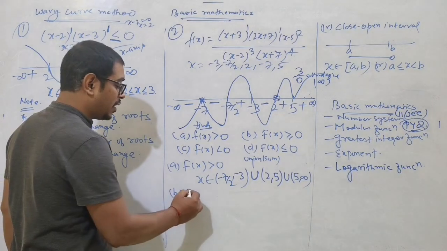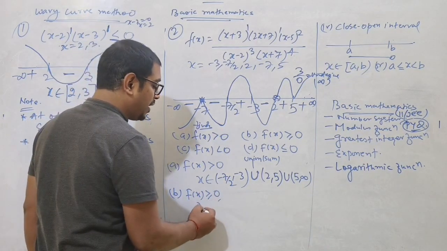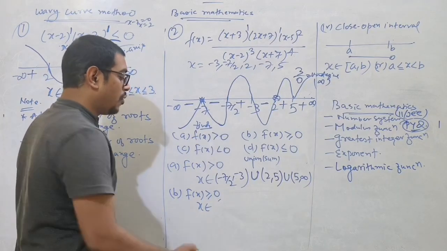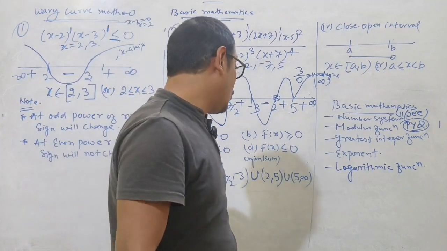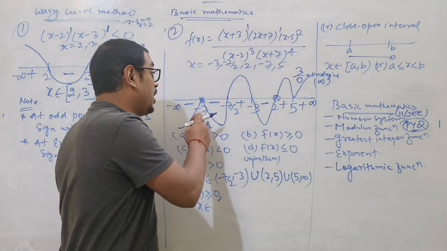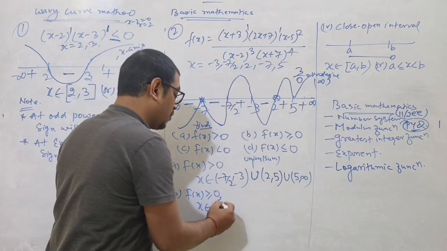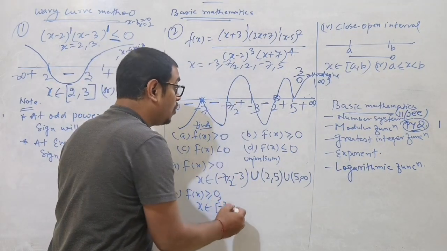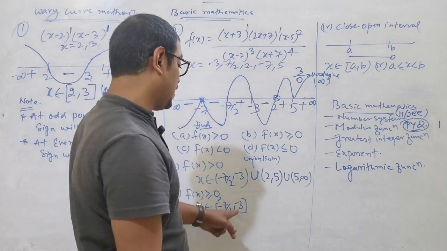What is B? Greater than or equal to 0. So here you have to write the same thing but including. We will include minus 7 by 2 to minus 3. We can include minus 3 also because it is in the numerator.